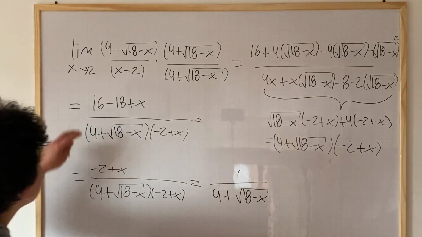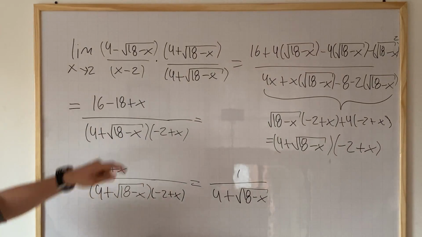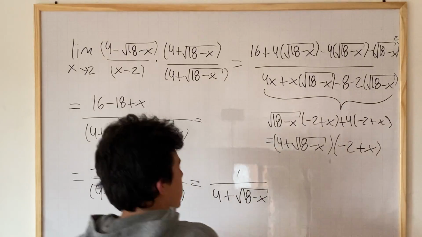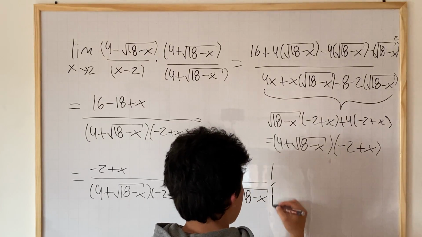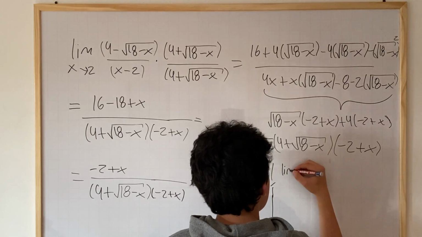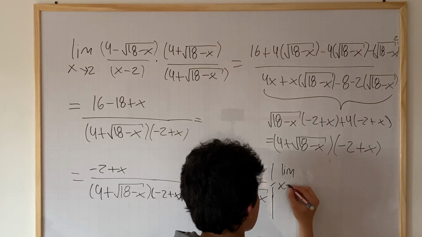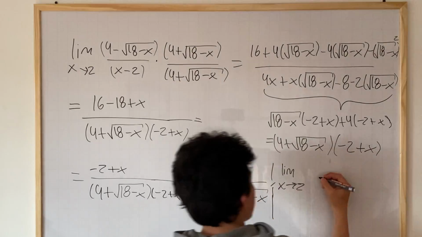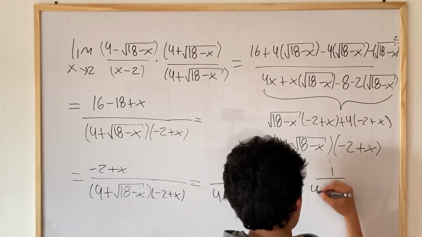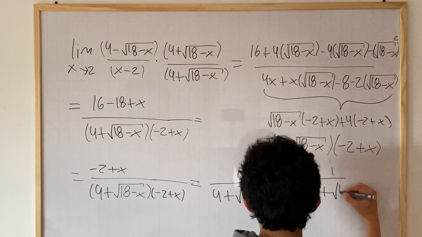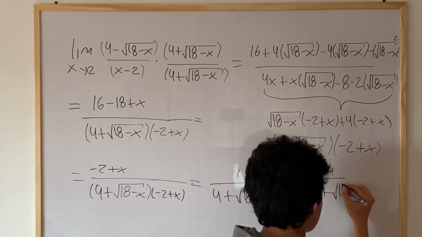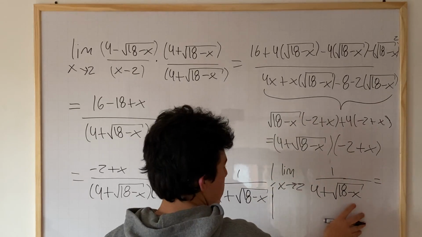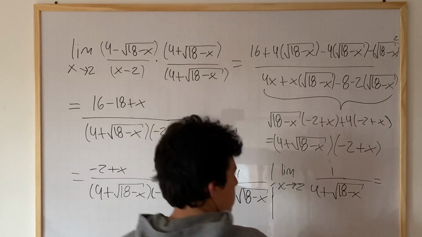And now here we can plug in 2 in that equation. That would allow us to get the right answer. So let's do that. We would get here the limit as x approaches 2 of the function, I'm just gonna write this one, 1 over 4 plus the square root of 18 minus x, which is the same as if we plugged in 2 in this case, so we would get square root of 16.